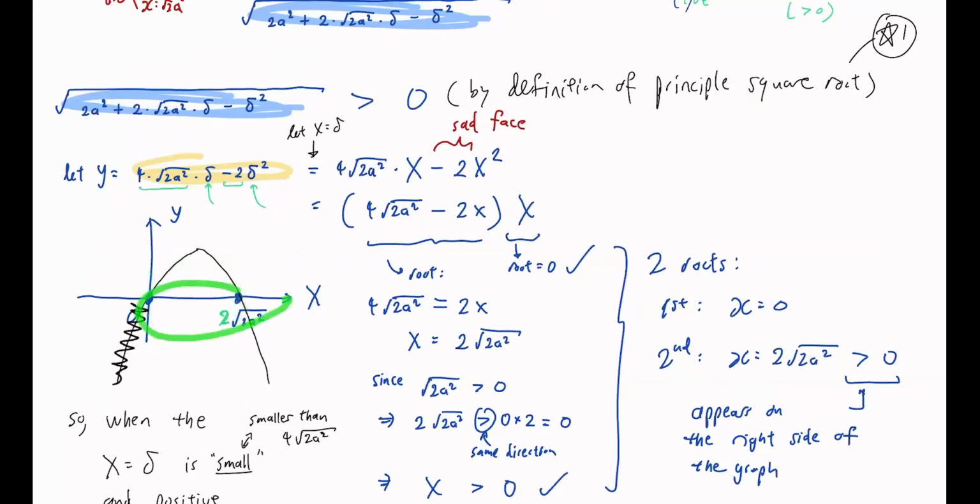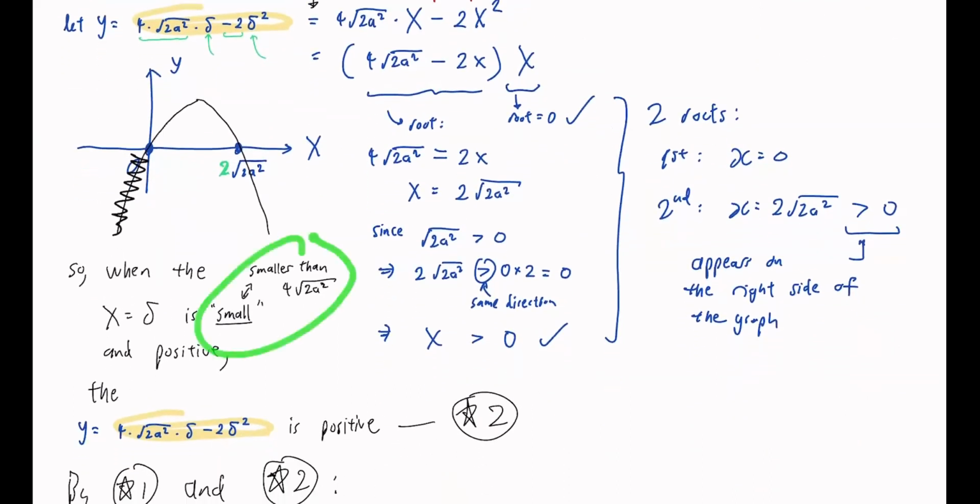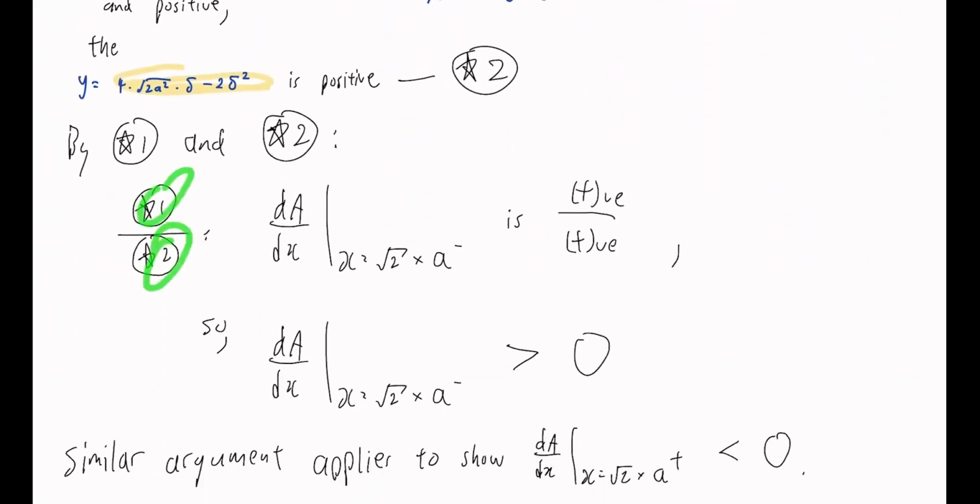How small is small? This is the range of values that are allowed. That is the definition of small. Okay. So x is small means smaller than, sorry, not 4, it's 2 root 2a squared. Okay, very good. So the rest is just explaining in more detail, like positive over positive gives you positive, right?